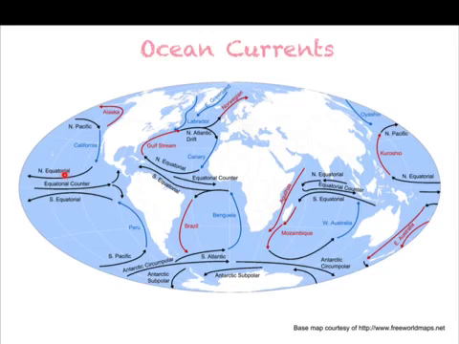And we can have warmer currents in the polar regions because those currents are moving from the equator up towards the poles. So you can have relatively warm currents at the poles and relatively cold currents at the equator, depending on where those currents originated.